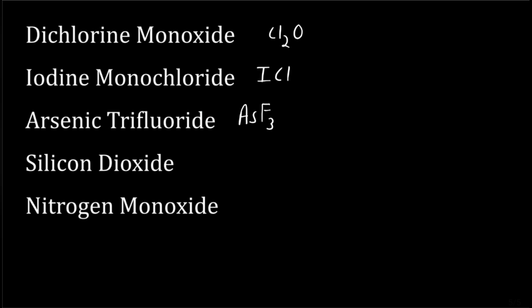Next up, we have silicon dioxide. So silicon symbol is Si. And now we know that we have 2 oxygens because oxide is oxygen and di is 2. Lastly, we have nitrogen monoxide. So we're going to have 1 nitrogen. And the prefix mono tells us we only have 1 of the next element, which is oxygen.